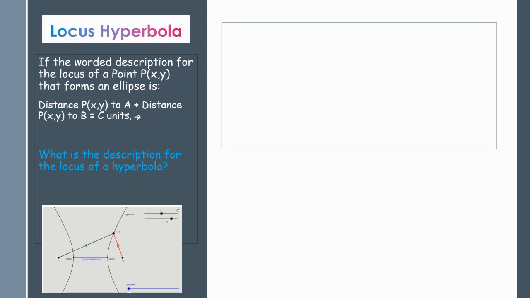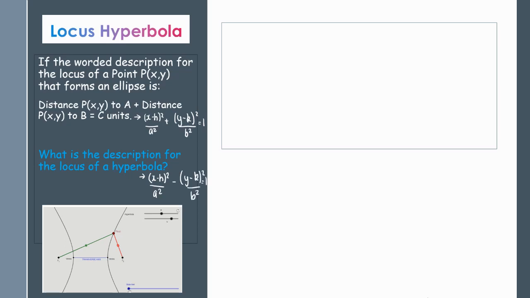Hopefully the equation of an ellipse will help us figure this out. So the equation of an ellipse is (x minus h) squared over a squared plus (y minus k) squared over b squared equals 1. The equation for a hyperbola we now know is (x minus h) squared over a squared minus (y minus k) squared over b squared equals 1.